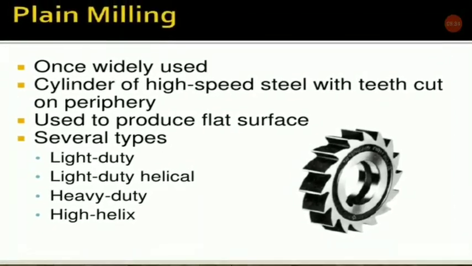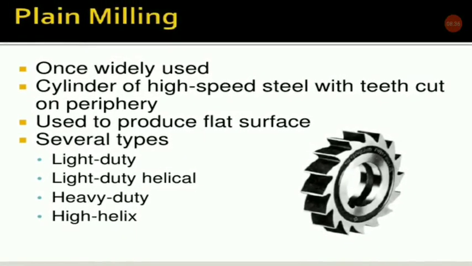Next is your plain milling cutter. That is the simplest type of milling cutter that is widely used during machining of workpieces or metals. It is widely used, as you can see written over here in this slide. Now this is a picture of a plain, simple type of milling cutter.